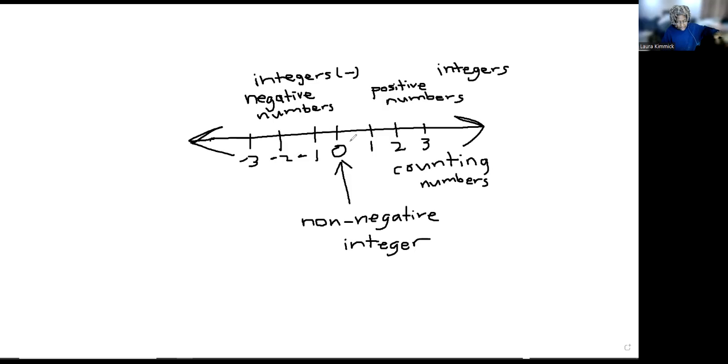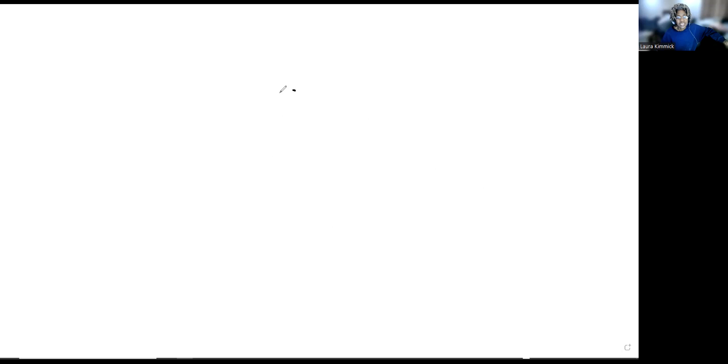And the core operators for doing math are addition, subtraction, and then remember multiplication and division, one step down from addition and subtraction. All right, we're going to clear this off. We're going to talk about addition.